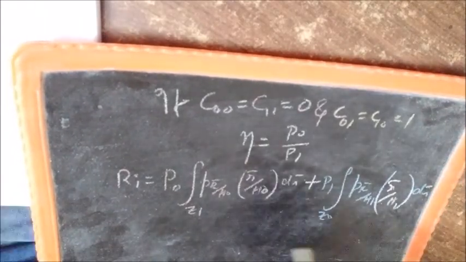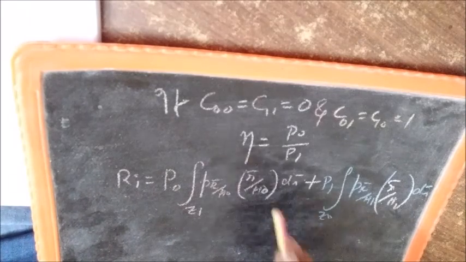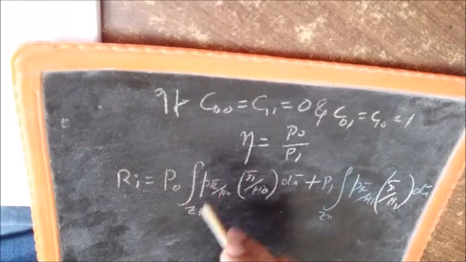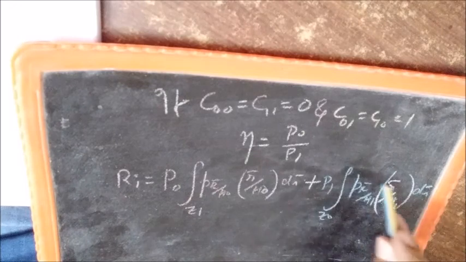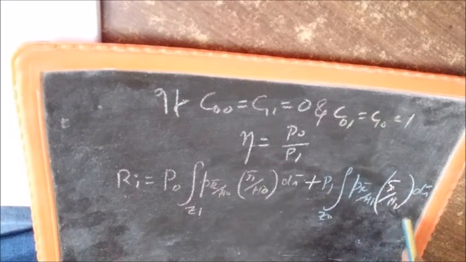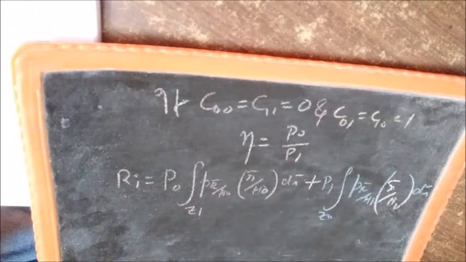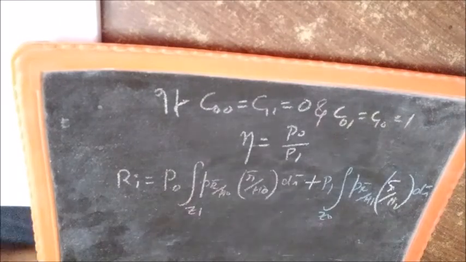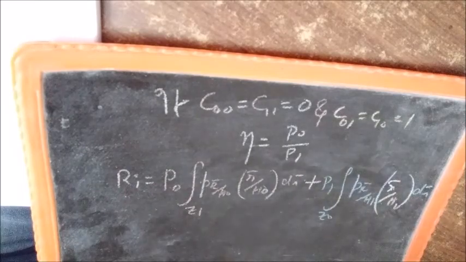These two are error events, as you know, because the first is a situation where H0 was the true hypothesis, but you end up landing in the region for Z1. This calculates the probability of that. Similarly, this calculates the probability of the receiver or your decision rule deciding that H0 was the true hypothesis when actually H1 was indeed the true hypothesis. And P0 and P1 are the probabilities of hypothesis H0 being true and H1 being true respectively.